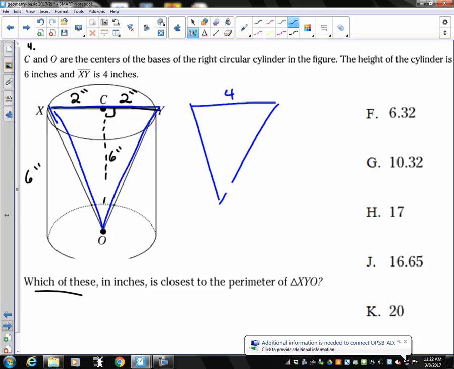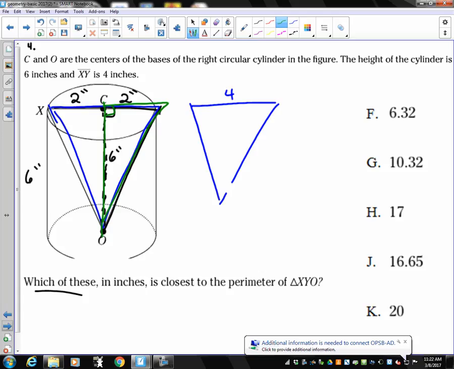Now what we need, though, is the other two sides of the triangle. I just had an intuition that I would probably have to draw the height right here into the triangle in order to find that length right there. So if you'll notice, we'll highlight it in green here. We've got a right triangle, and that missing side that we need for the perimeter is the hypotenuse.